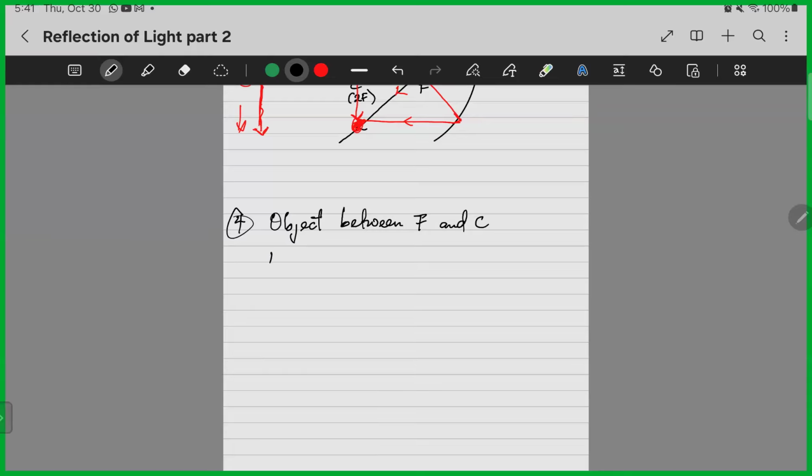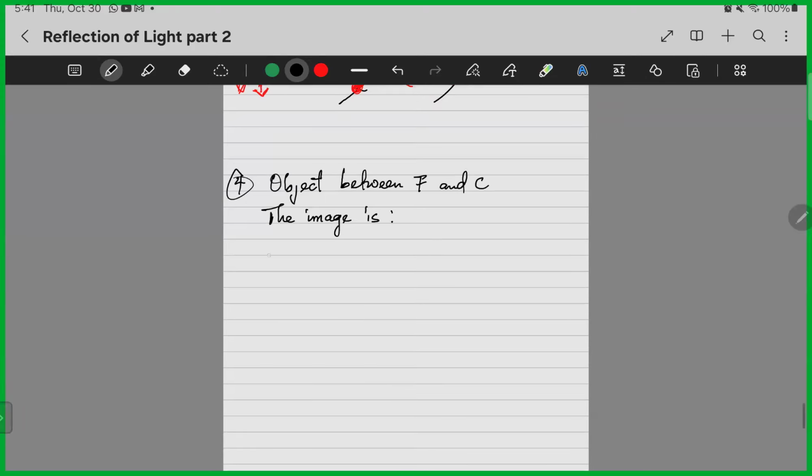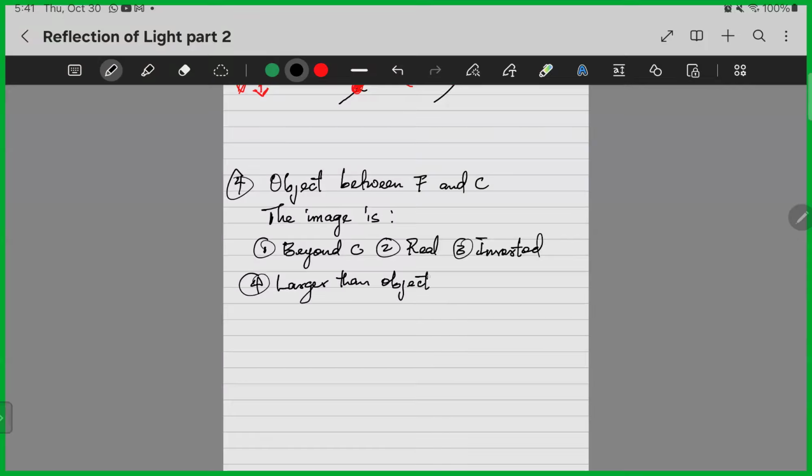The image, listen attentively, is number 1, beyond C. Number 2, it is real. Number 3, it is inverted. Number 4, it is larger than the object. Are you seeing that? Very important.